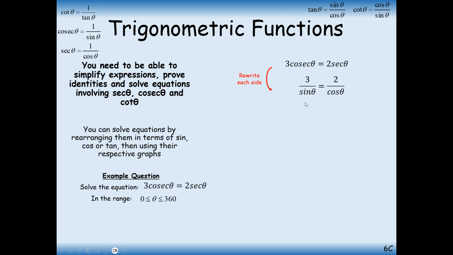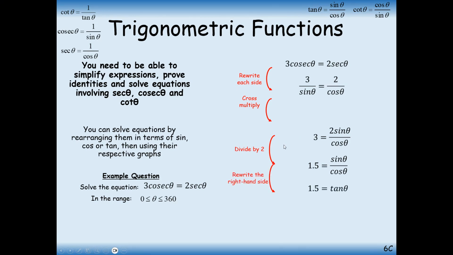So we multiply both sides by sine and divide by 2, so that we end up with tan of theta equal to 3 divided by 2, which is 1.5. Therefore, we can take inverse tan of 1.5 and add 180 degrees to it, and there are our final two answers. So happy practicing. I'll see you in the next section.